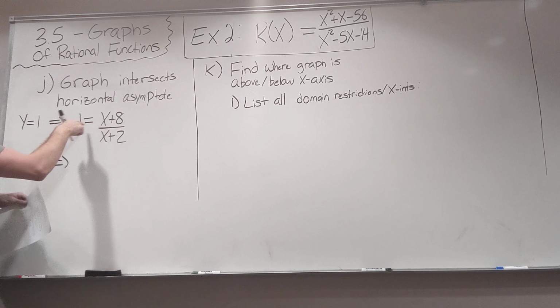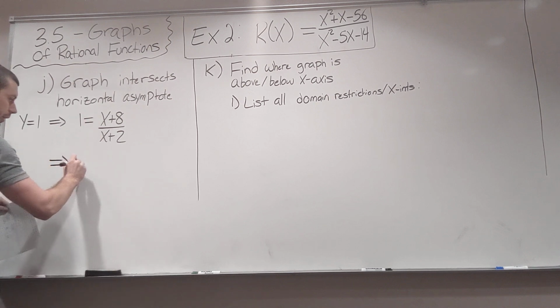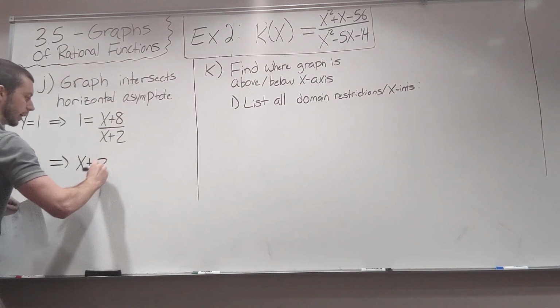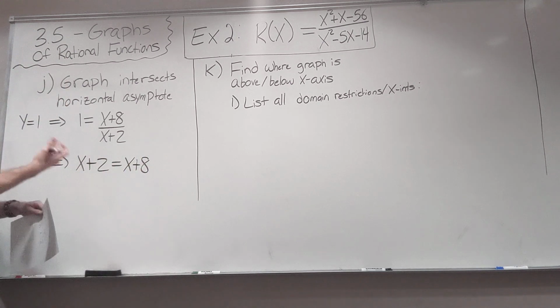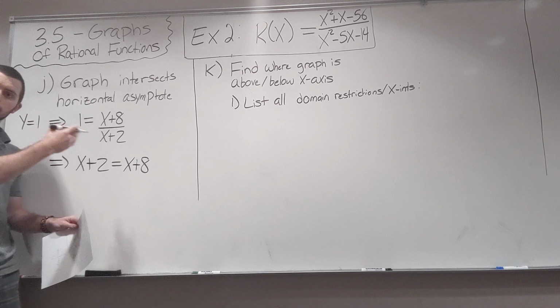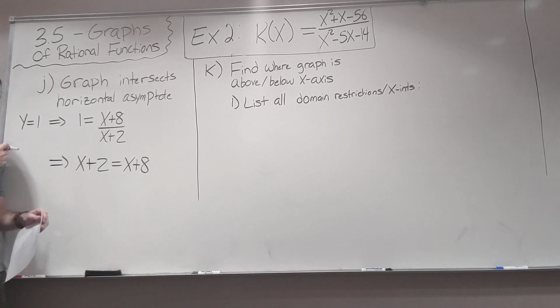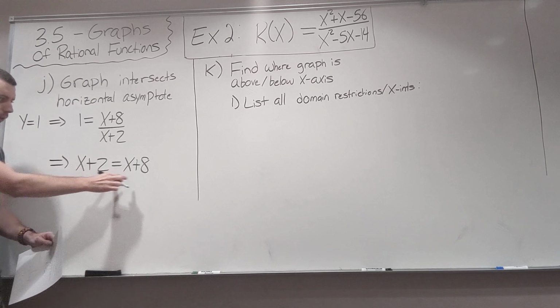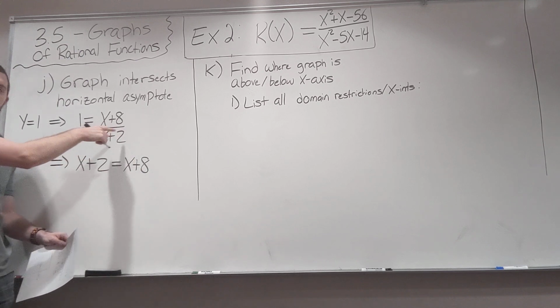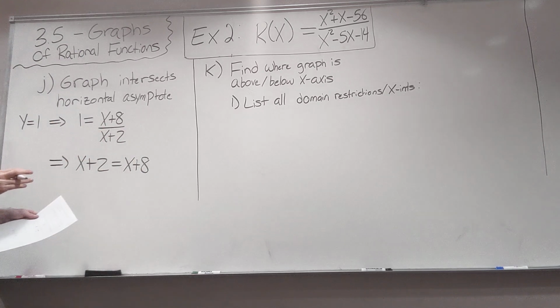If you multiply out the denominator, you will end up getting x plus 2 is equal to x plus 8. You either get this from cross multiplication or multiplying both sides by the least common denominator. So 1 times x plus 2 is just x plus 2, and then x plus 8 after you clear out the denominator.